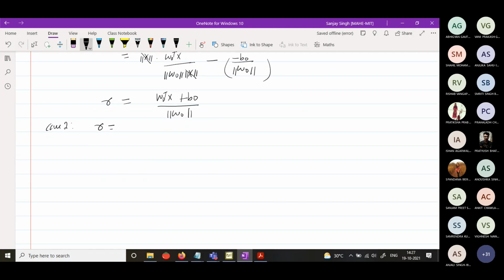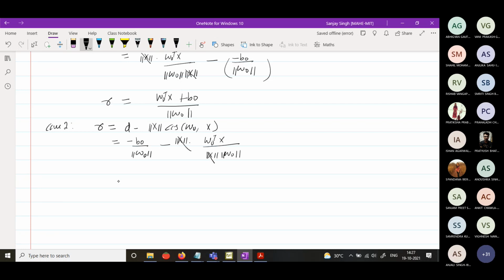So r equals d minus the projection, cos of w naught x. We'll substitute all those things here. Now here we had this b naught, which we already found, and minus this w naught transpose x.